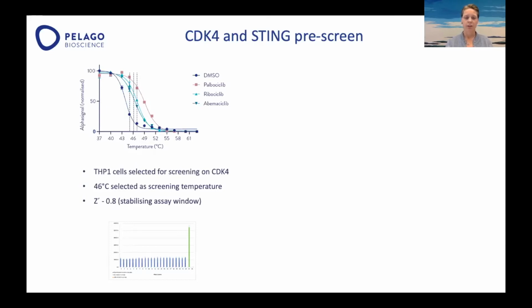We decided to screen in THP1 cells for this target, and 46 degrees, the dotted line in the middle, was selected as the screening temperature. The Z prime factor was very good, 0.8 for the stabilizing assay window, from the isothermal control up to the 100% control.